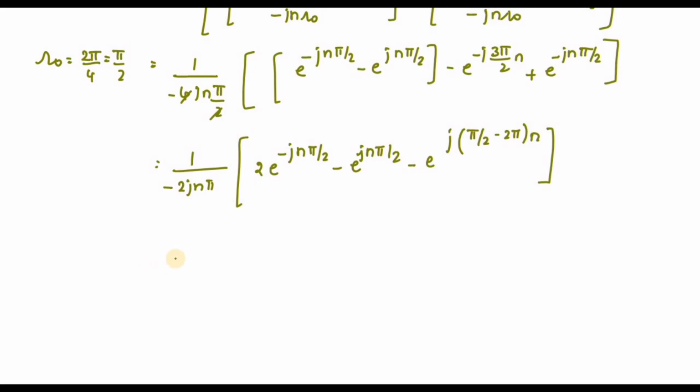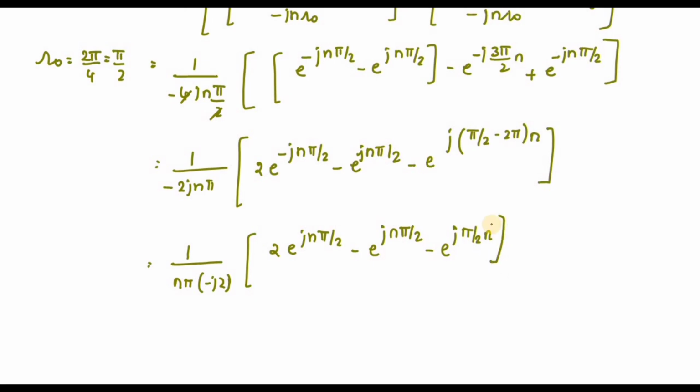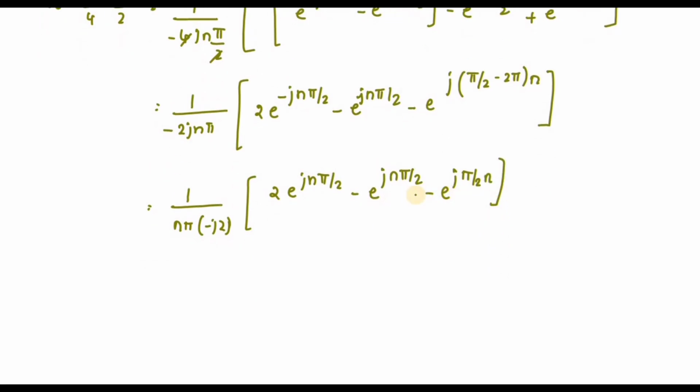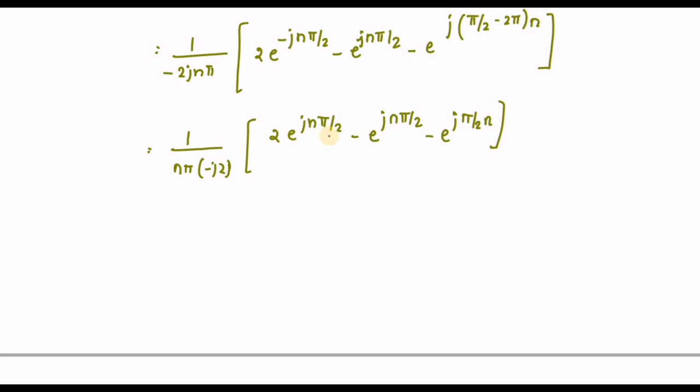So I can write 1 divided by n pi into minus 2j, right? This is 2 e power minus j n pi by 2 minus e power j n pi by 2. So e power 0 is 1. So these two get added, so you'll get 2 e power minus j n pi by 2.